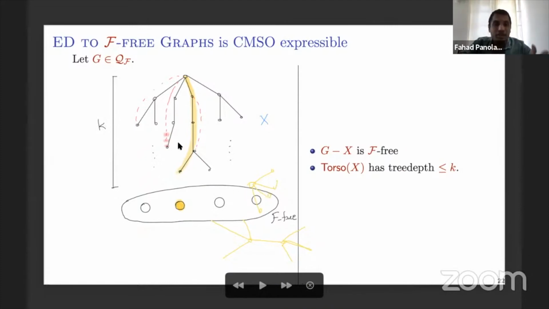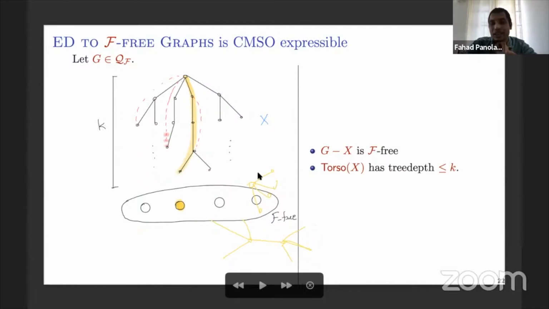Now look at this figure. By the property of this elimination distance, the edges you are going to add will have endpoints with an ancestor-descendant relationship, because if you have a path which is fully outside X, it will go through a connected component and come to X, and for any connected component you have neighbors only on a leaf-to-root path.